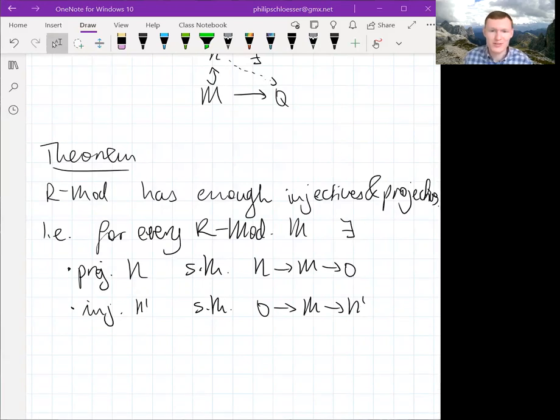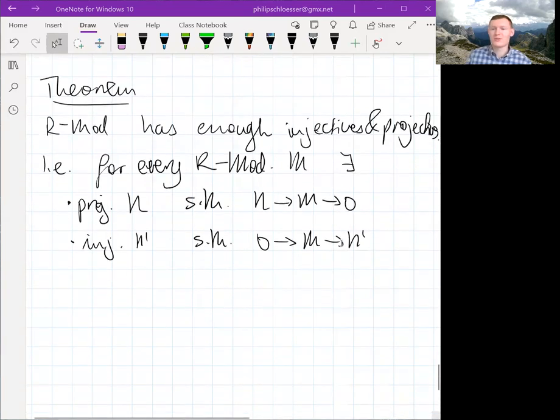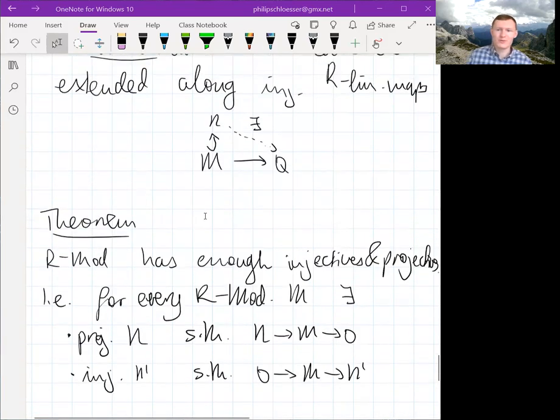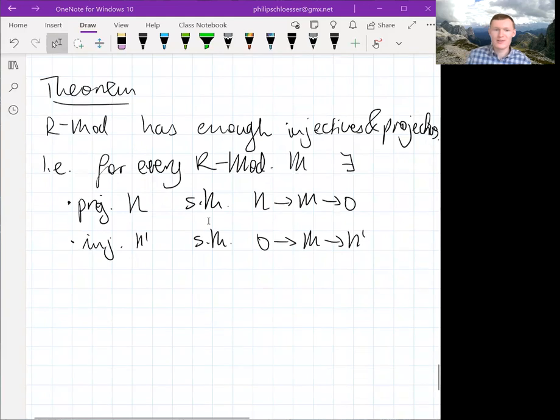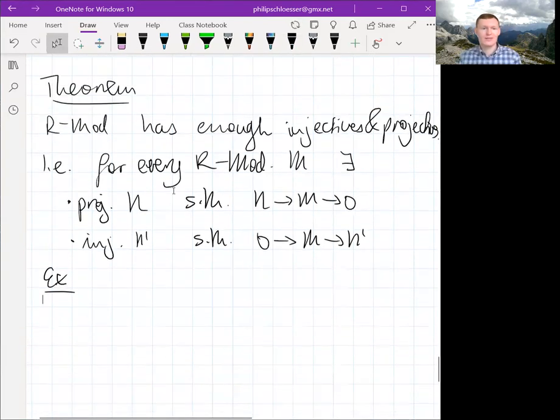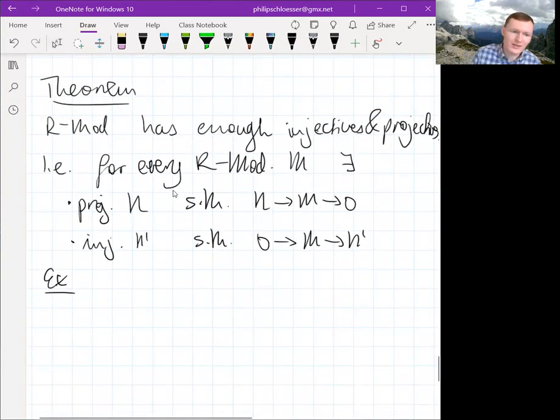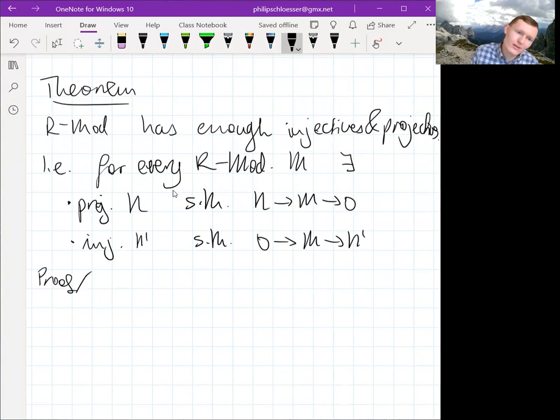Examples of projective or injective modules. So the thing is, injective modules are very, very stupid to work with, so people usually avoid them. I guess we can give a constructive proof for the thing with projectives. Slash example is the following.